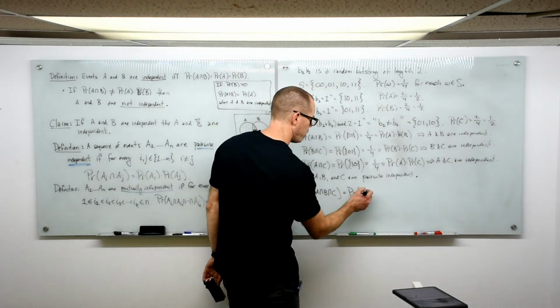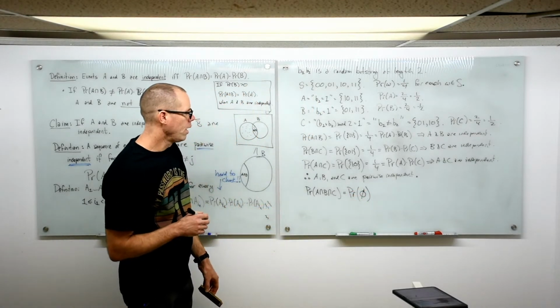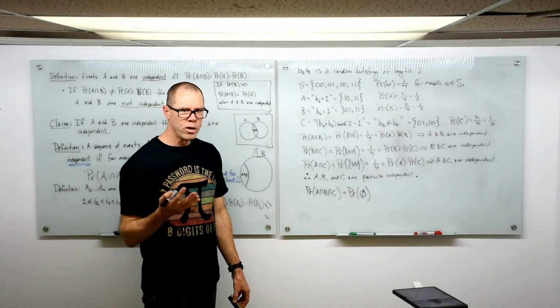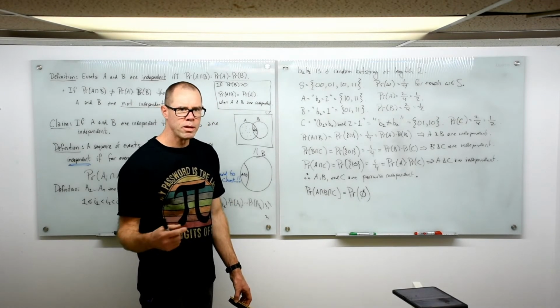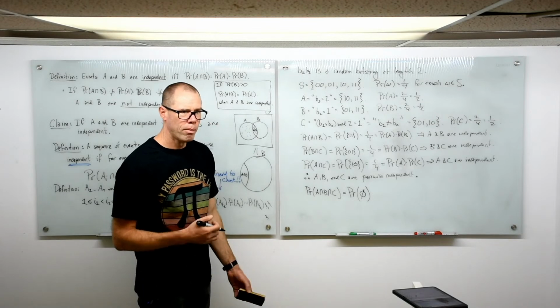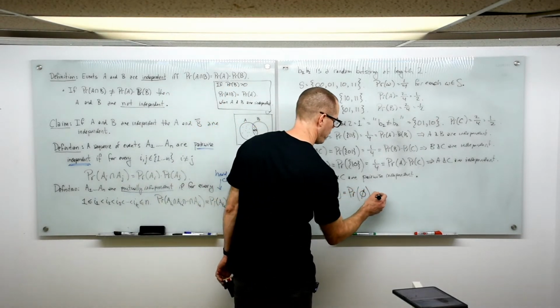So that's equal to the probability of the empty set. The probability of the empty set, remember the definition of the probability of an event is you just sum over all the elements in the event of the probability of that element, but you get an empty sum, and so this is 0.